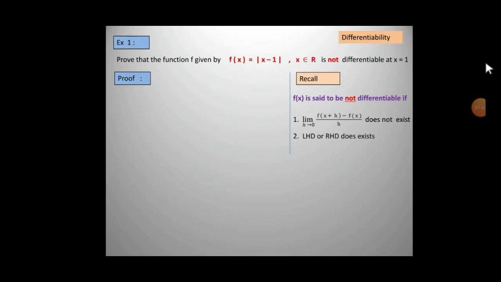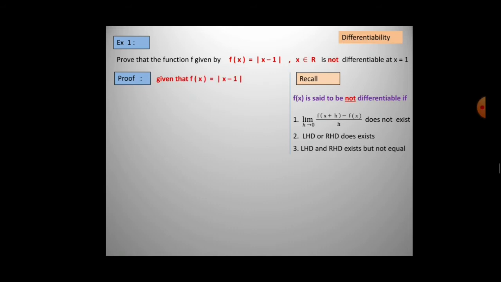And second point is left hand derivative, right hand derivative does not exist. Third, left hand derivative, right hand derivative exist but not equal. So these are the 3 points you have to remember for not differentiability at a given point. Okay.